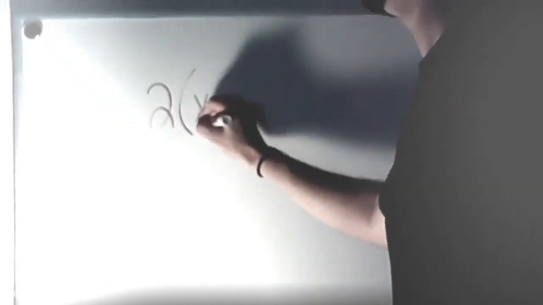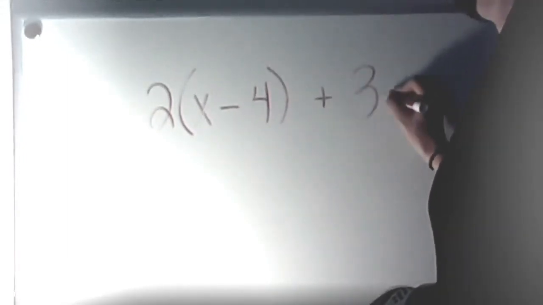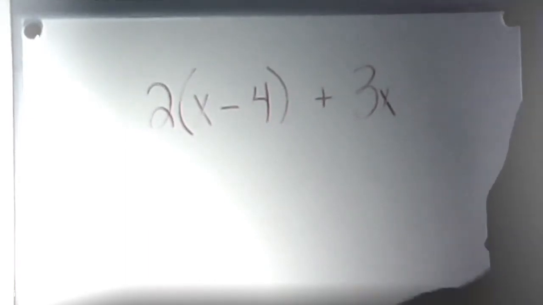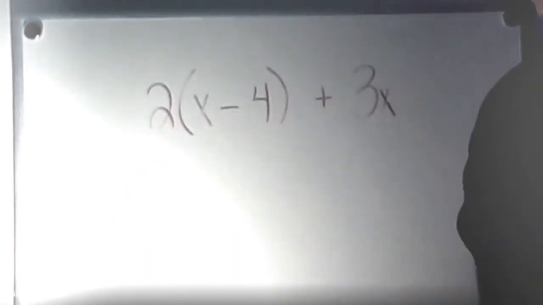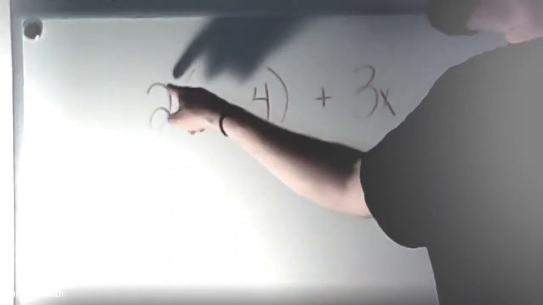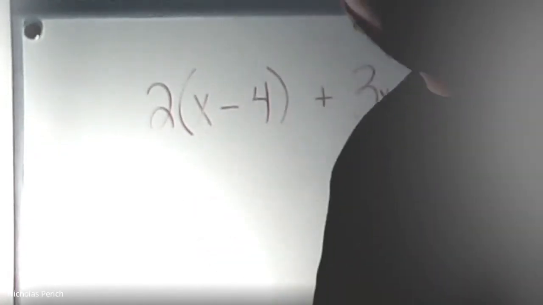Let's do 2 times x minus 4 plus 3x. What I have is I have distributive property happening. So remember from PEMDAS, distributive property means you take that number and multiply it to everything. According to PEMDAS, you multiply before I even think about this positive adding thing.